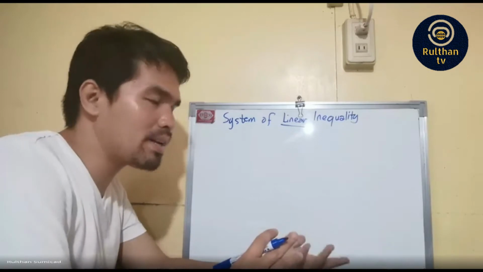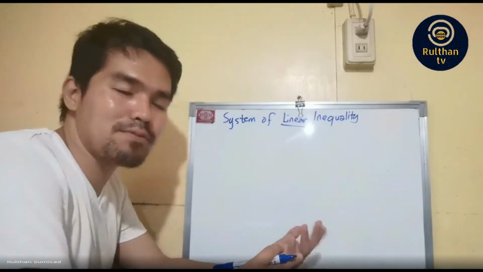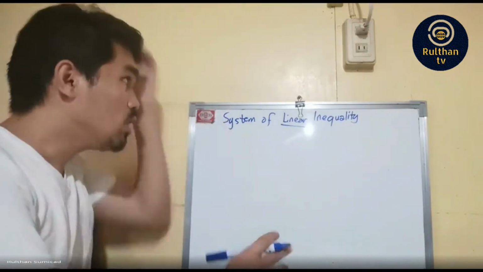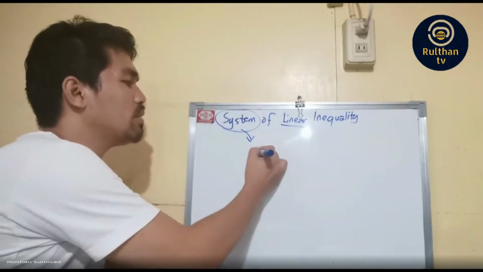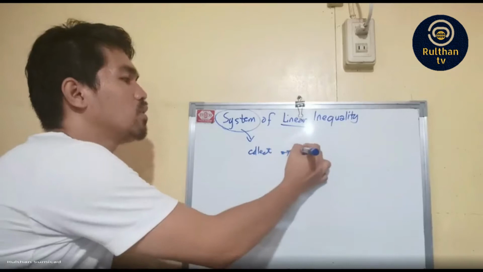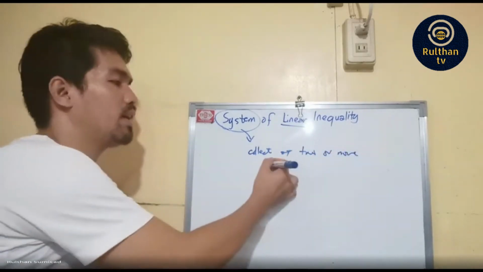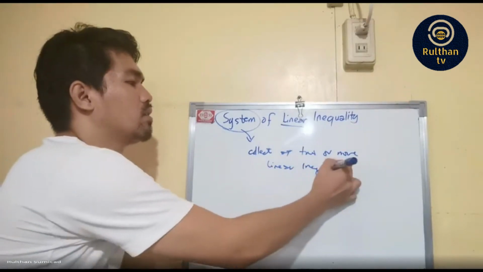So it's an inequality which produces a straight line. When we say system, it refers to a collection of two or more linear inequalities.